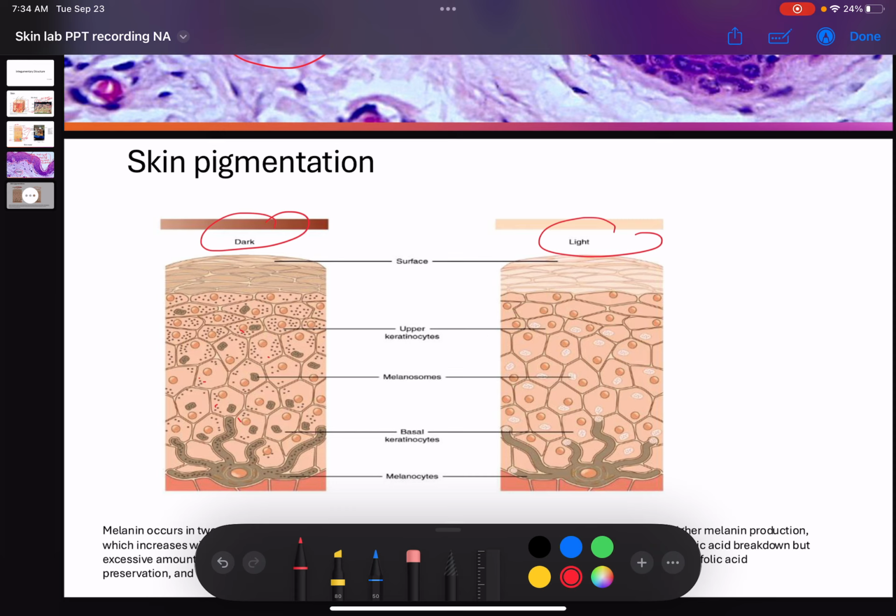So you can see all these cells. Keratinocytes have melanosomes. They produce melanosomes, with melanin inside. They're protecting the DNA from UV rays. UV, not UH, UV rays.